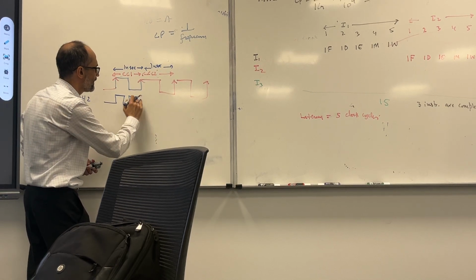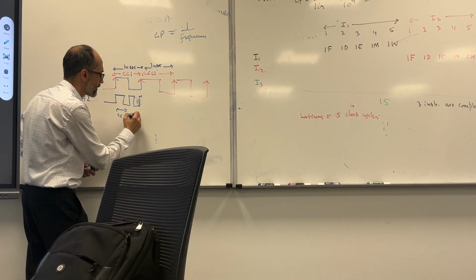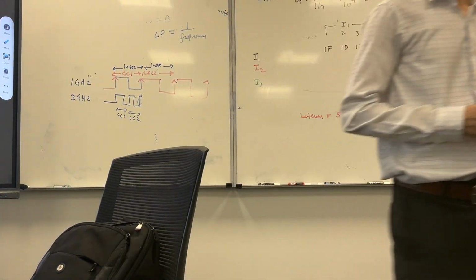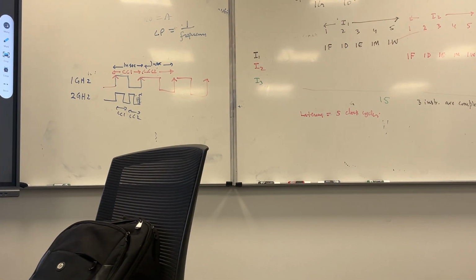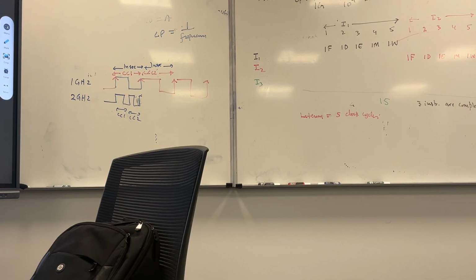This is the first clock cycle and this is the second, so clock cycle 1, clock cycle 2 and so forth. So the clock period is inversely proportional to the frequency. If you have a higher frequency, will the clock period be smaller or bigger? Smaller. Any question?